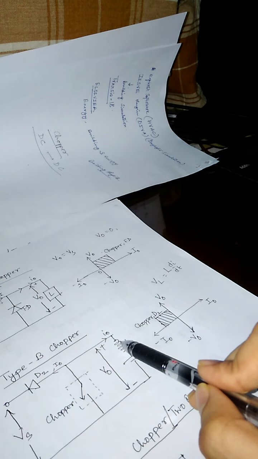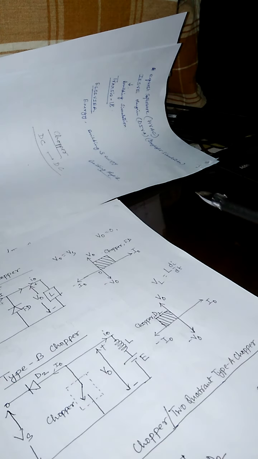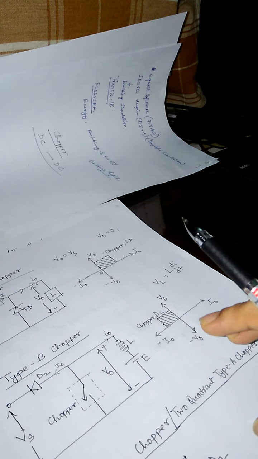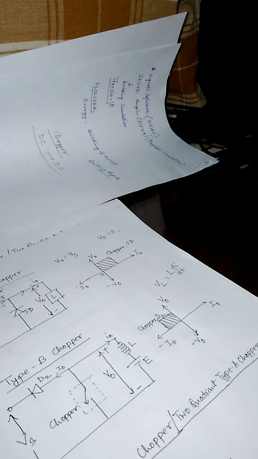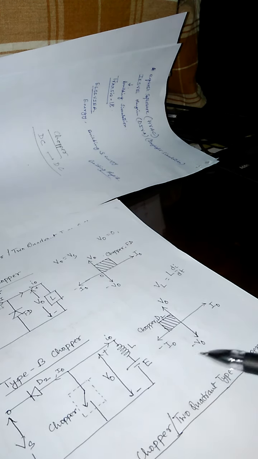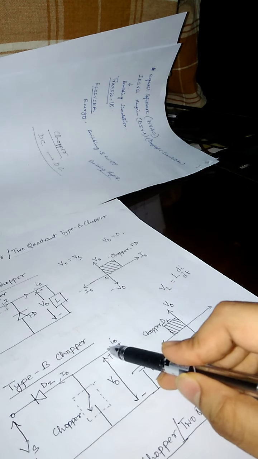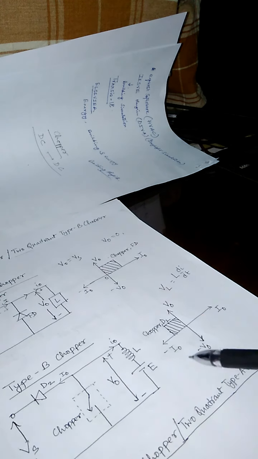That means from the load side to the source side the current flows. That means the direction of current is negative, because in the first cycle the chopper is in conducting mode, and the current flows in these directions. This is the direction of I0 then.